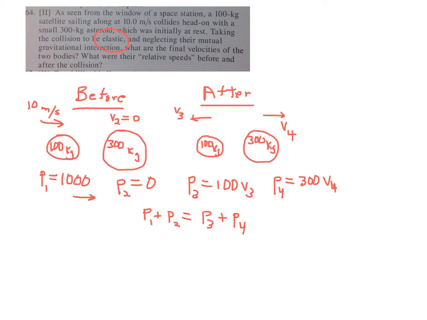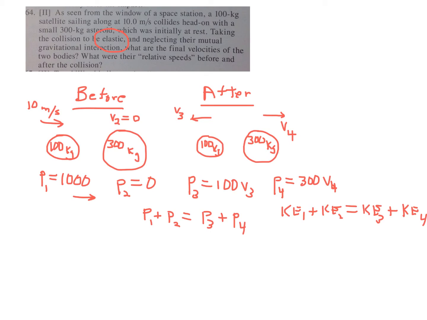We also know that KE1 plus KE2 equals KE3 plus KE4. Sorry, this is coming out sloppy here. Alright, so I'm going to give myself a little bit of space here.